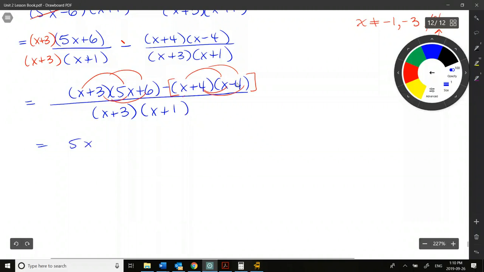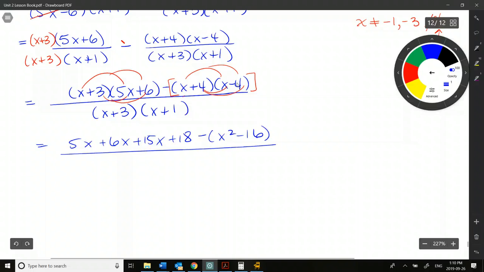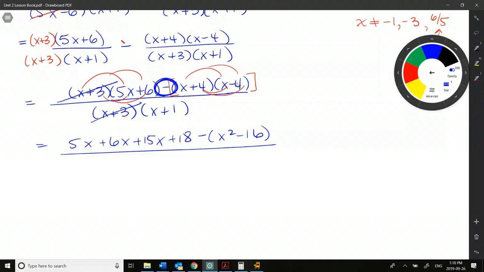Okay, so here we get 5x plus 6x plus 15x, Alex, plus 18. Sorry, can't you then reduce the x's plus 3? Right here? Yeah. I can't do that because of this. But it's in a separate equation there. It's not, well, it's all one equation now. We've merged it all into one. Essentially, if I'm doing that, I'm just going back to what I had before.